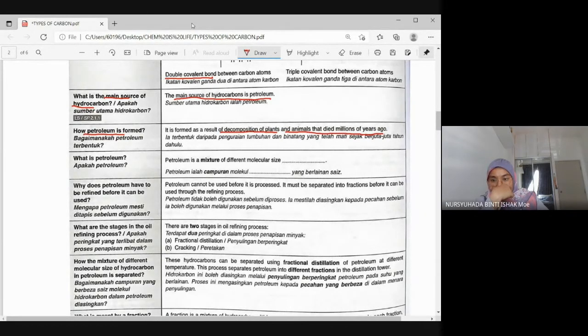Selain daripada Sarawak ada satu lagi. Terengganu. Pandai. Sarawak and Terengganu. So Malaysia ada their own oil field iaitu Sarawak spesifik dekat Miri and Terengganu dekat Kemaman. Spesifik dekat Paka, Kemaman.